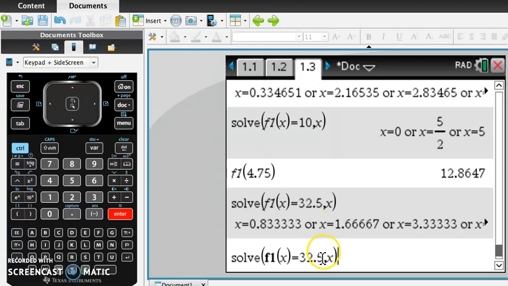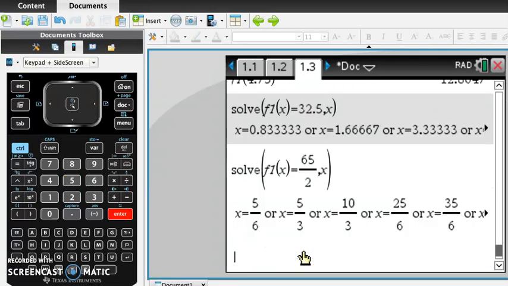So instead of 32.5, I'm going to put 65 on 2. And that way I get proper fractional hours. So my domain's increased.